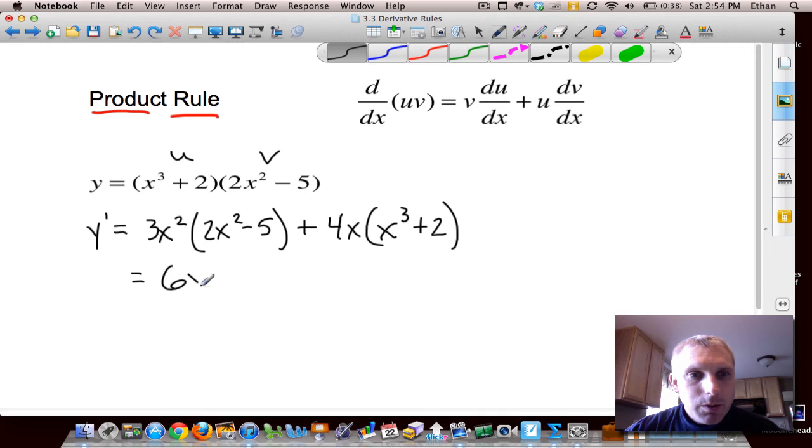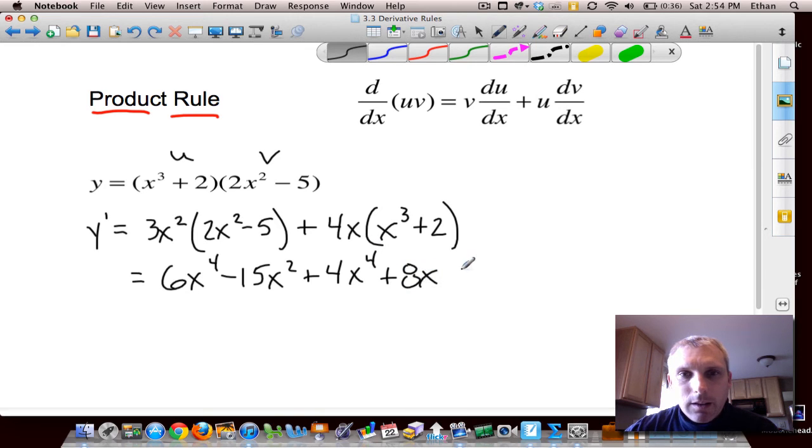I'm going to distribute, minus 15x squared. Distribute here, 4x to the fourth plus 8x. Looks like I can combine a couple of things here. 10x to the fourth minus 15x squared plus 8x.